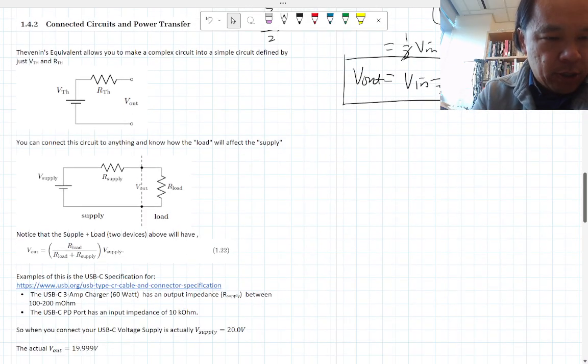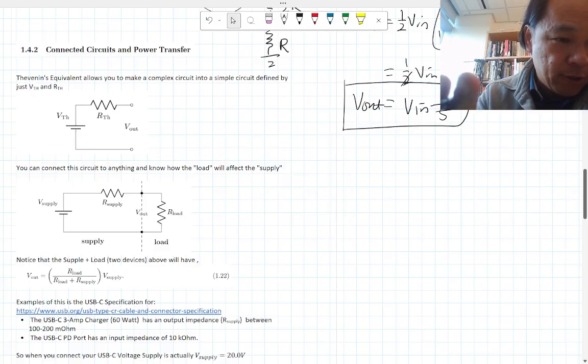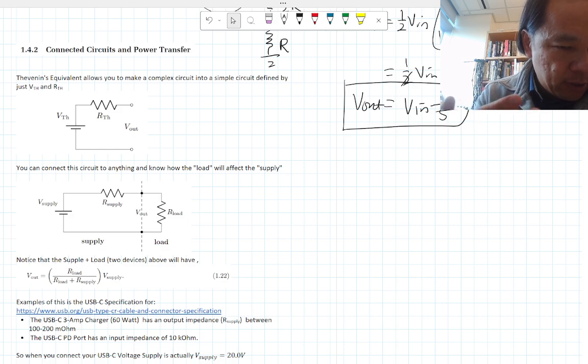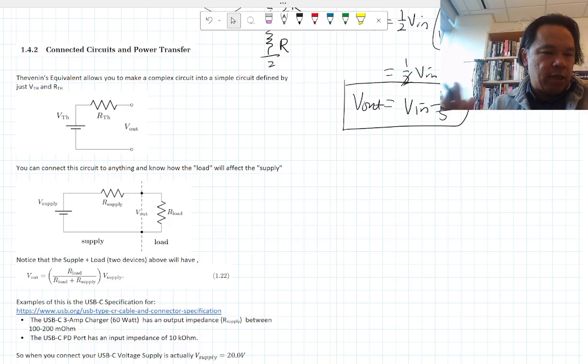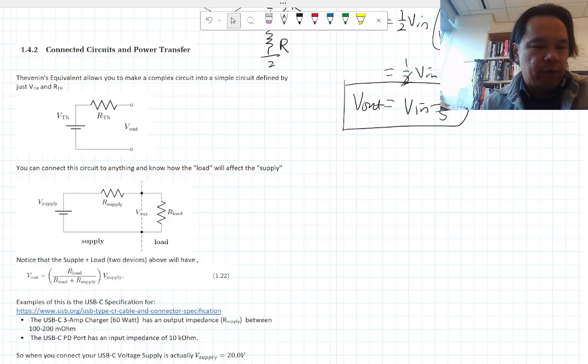Before we wrap up this chapter, I just want to, well, the book does it, so I'm going to do it too, to emphasize how being able to analyze a circuit using this Thevenin's equivalent technique allows us to connect different circuits together without having to worry about how they interfere with each other.